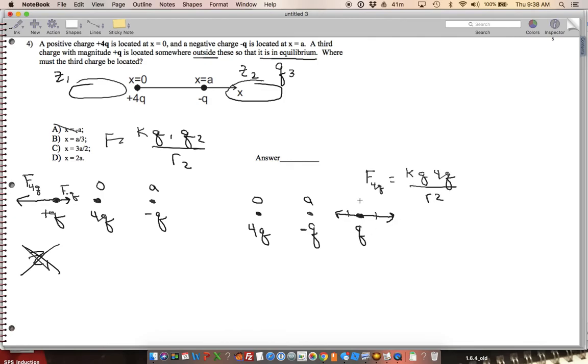So that's this one. And then this F is going to equal K, Q times minus Q over R squared. And so I want to set those two things equal.